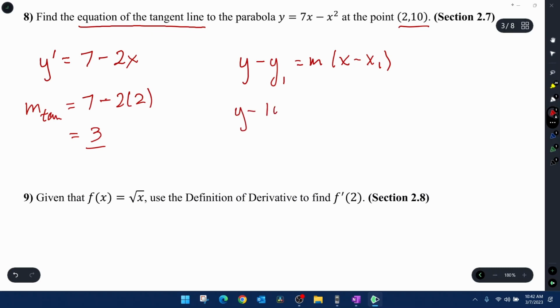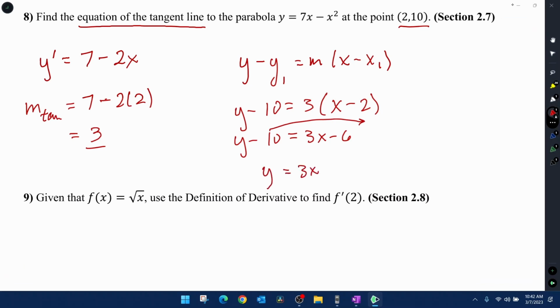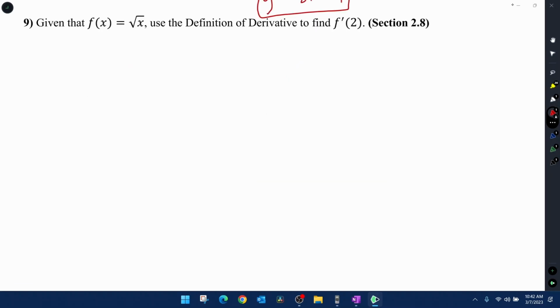Y minus 10 equals 3 times x minus 2, 3x minus 6. Bringing the 10 over would be plus, what is negative 6 plus 10? And we're done.